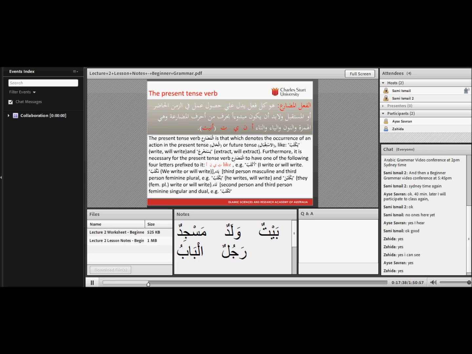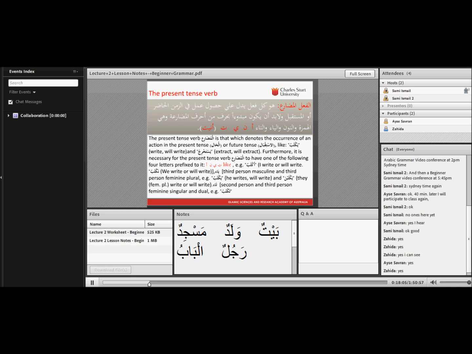Normally when you put the ya, and we'll come to this later, but I'll quickly go through it, when you see a fi'l mudari' with a ya, that normally denotes a third person masculine and third person feminine plural. But if you don't know that, don't worry about it, we'll come to that later inshallah. For example, yaktubu, he writes or he will write. And yaktubna, they feminine plural write or will write.